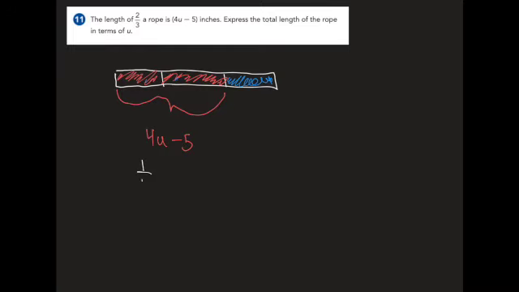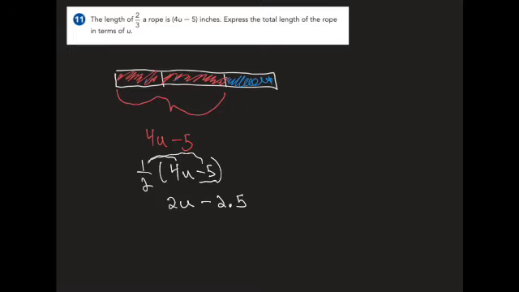So I'm going to take half of 4u minus 5. And when I distribute in, 1/2 times 4u is 2u. 1/2 times negative 5 is negative 2.5. So that's going to give me each little section.